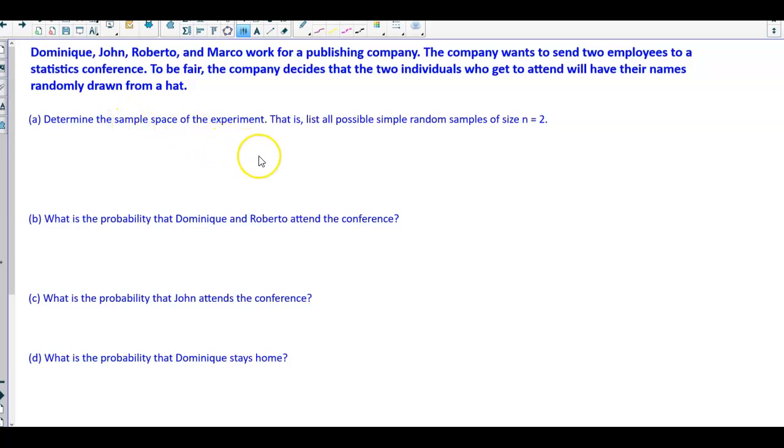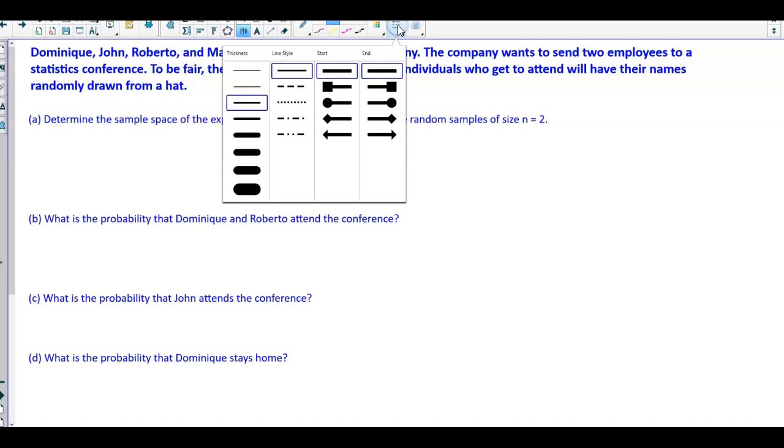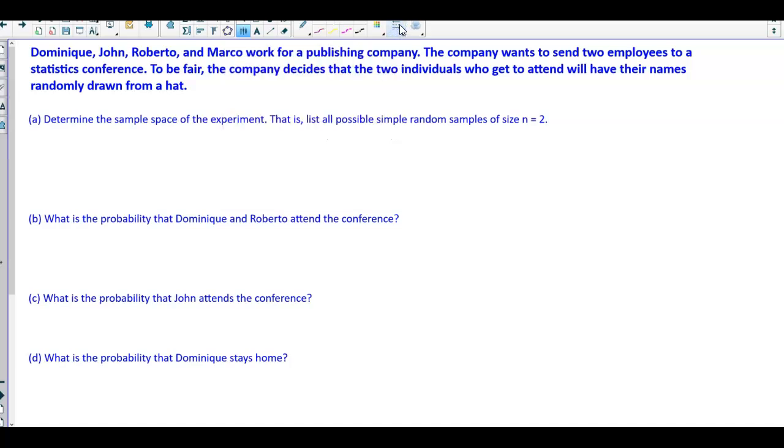So here's our question. We know that we have Dominique, so we're going to call Dominique D, J for John, R for Roberto, and M for Marco.